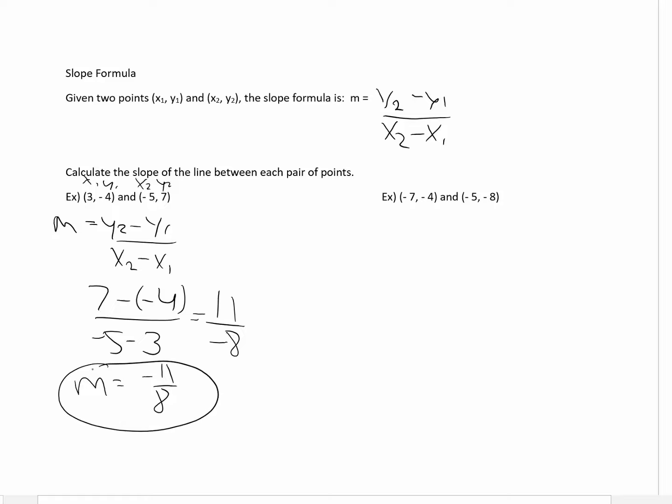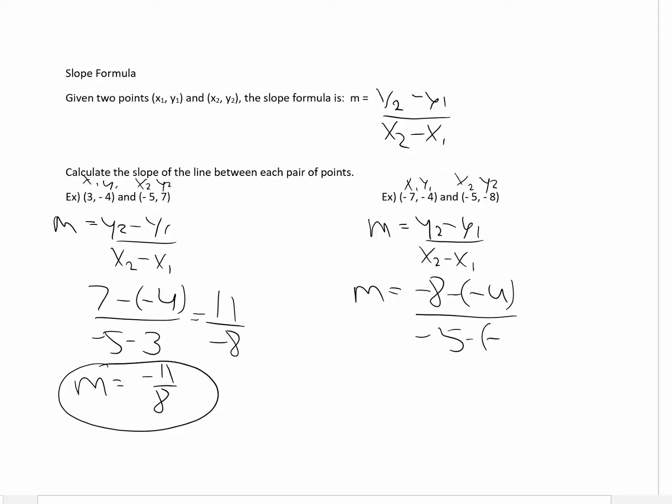Okay, let's do the next example then. So again, my slope formula is y2 minus y1 over x2 minus x1. I'll label. So negative 8 minus a negative 4, over negative 5 minus a negative 7.